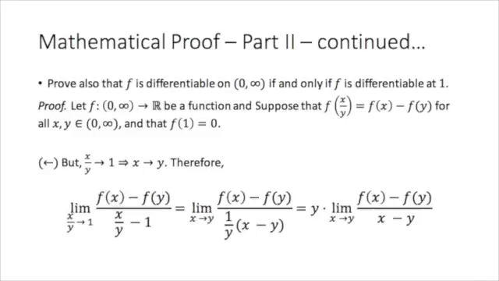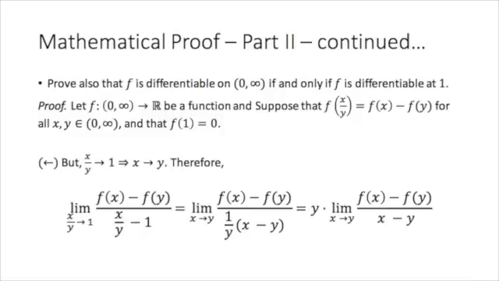But again, x over y approaching 1 implies that x approaches y. And therefore, the limit will become f of x minus f of y over x over y minus 1 as x approaches y. But if we take 1 over y as common in the denominator, then the denominator will become 1 over y into x minus y.